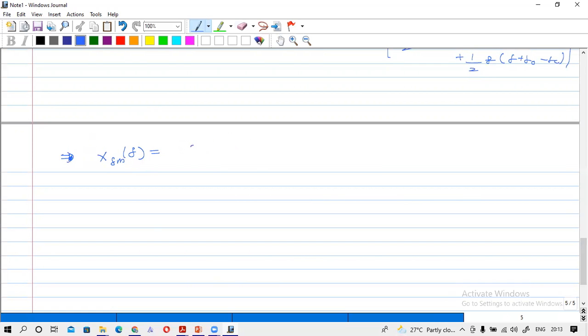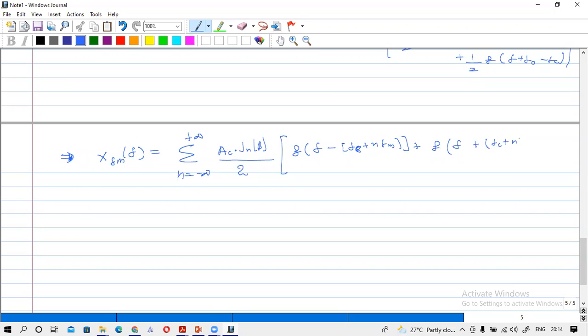It is like this: sum over n from minus infinity to plus infinity of AC, where AC is the amplitude of the carrier signal, times Jn(beta), the first kind Bessel function, by 2, times delta(f minus (fc plus nfm)) plus delta(f plus (fc plus nfm)).